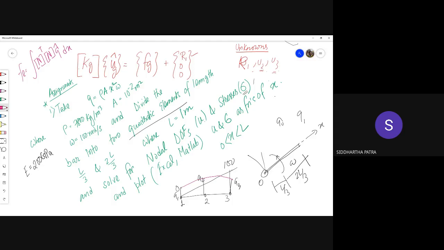Because q is also N times q hat, where q hat is q1 q2 q3.